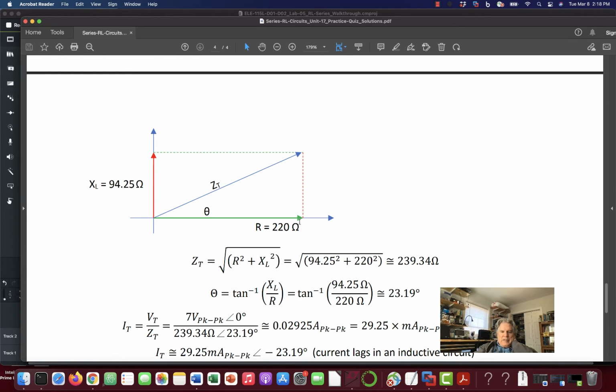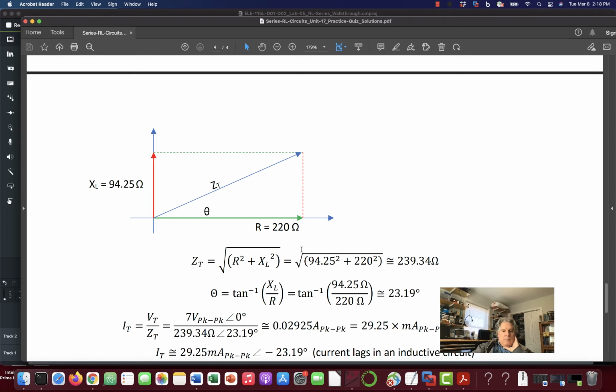You put those together and now you've got your classic Pythagorean theorem problem. There's XL, here's R. The magnitude of the total impedance equals the square root of R squared plus XL squared.